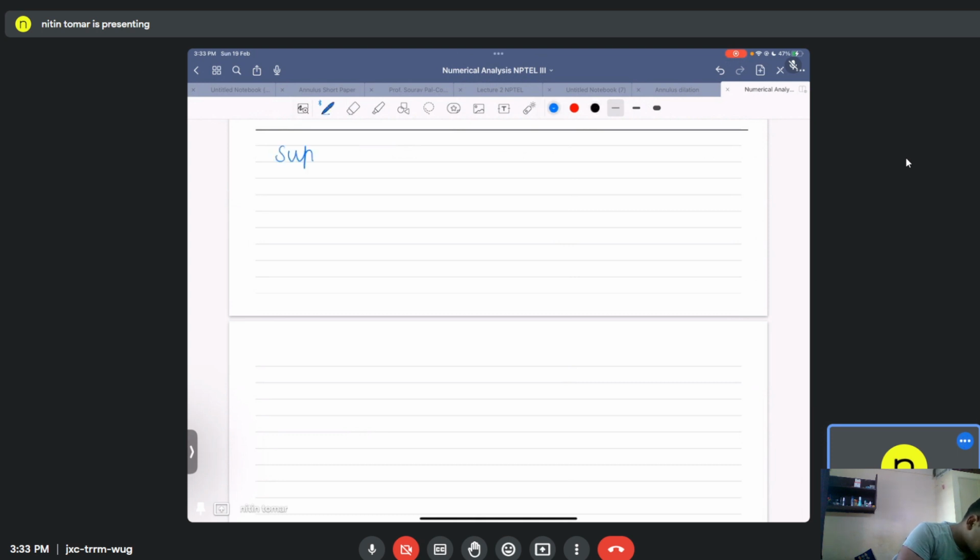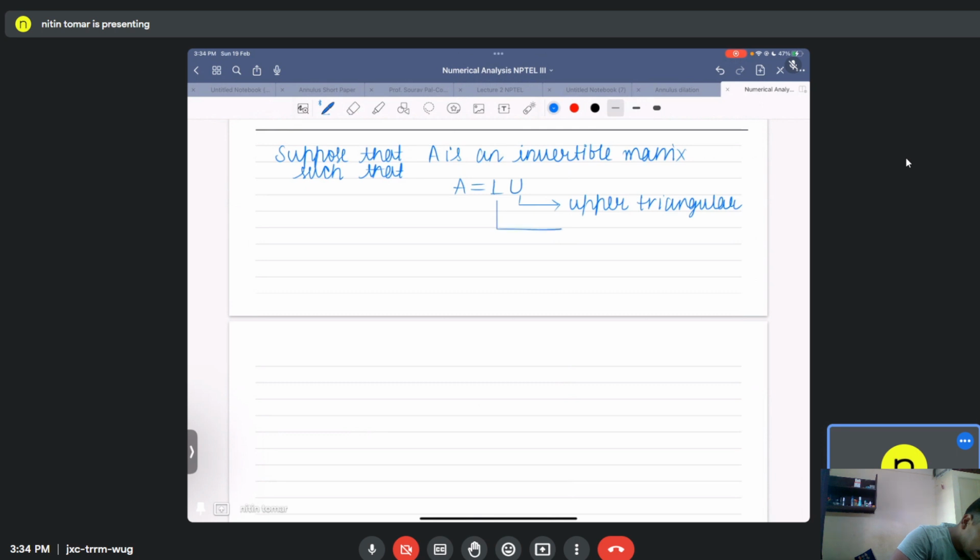So suppose that A is an invertible matrix such that A can be written as L times U, for some upper triangular matrix U, and L is some lower triangular matrix.